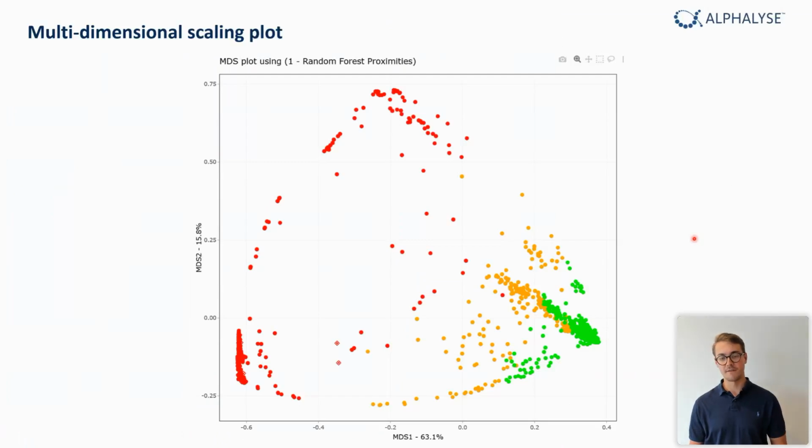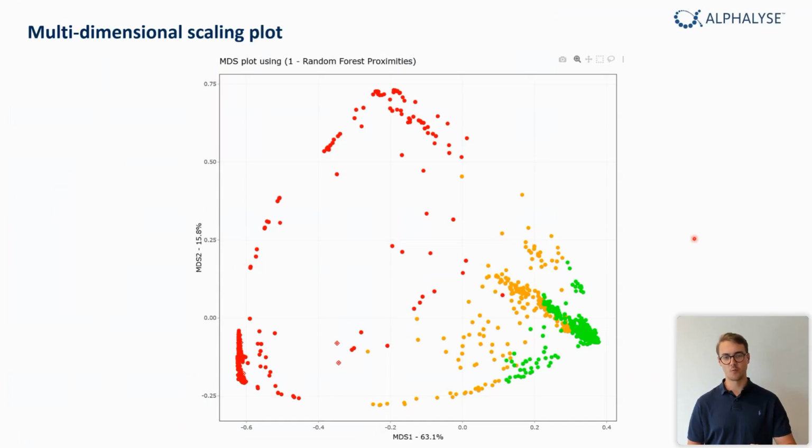So an example of one of these plots is this multidimensional scaling plot. Now, the nature of this plot is a little bit complicated, so I will spare you from the details. However, overall, this is a way of visualizing the differences between the individual samples.